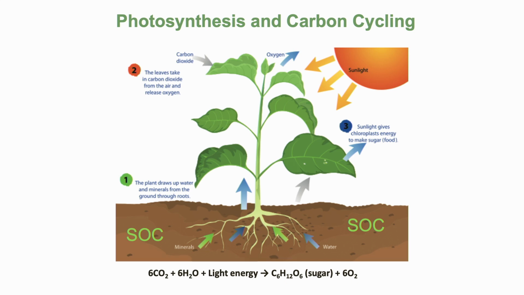A lot of that plant material ends up as soil organic carbon, and soil organic carbon is the key to our soil health systems. So we want to optimize soil organic carbon. Organic carbon is about 50% of the organic matter. That's probably pretty accurate. So half of the organic matter in your soil is soil organic carbon.